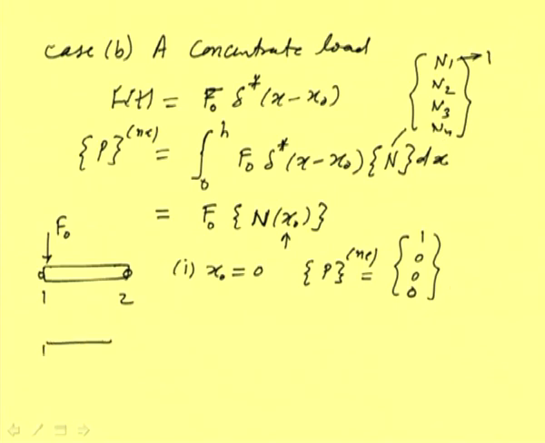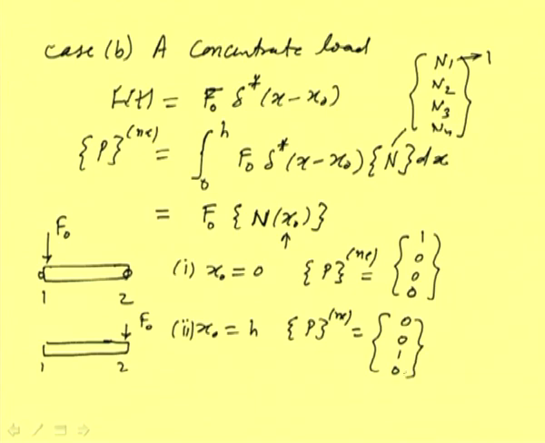Similarly, if F naught is acting at node 2, then x naught is equal to H and P will take the form of 0 0 1 0, because only N3 will be 1, others will be 0.